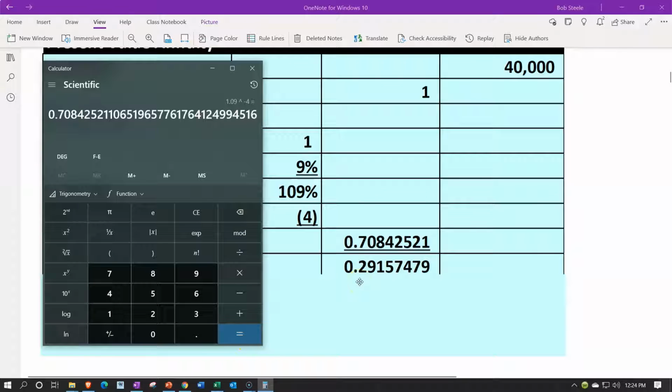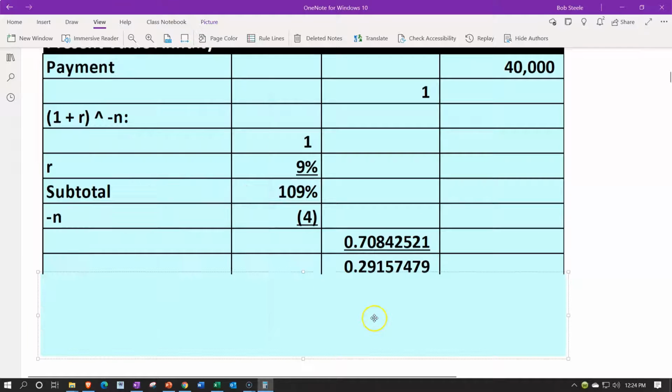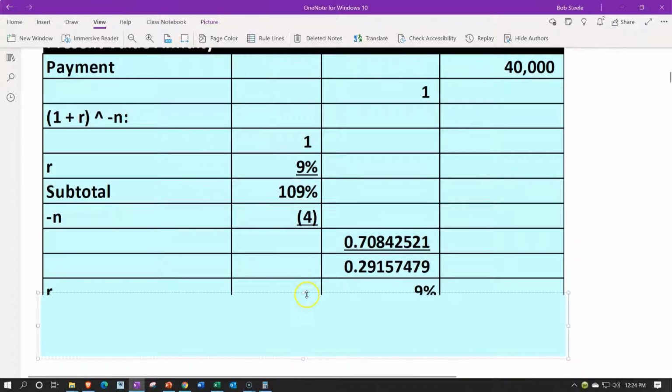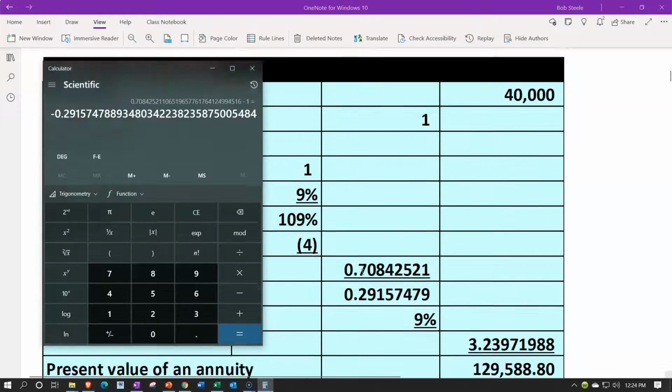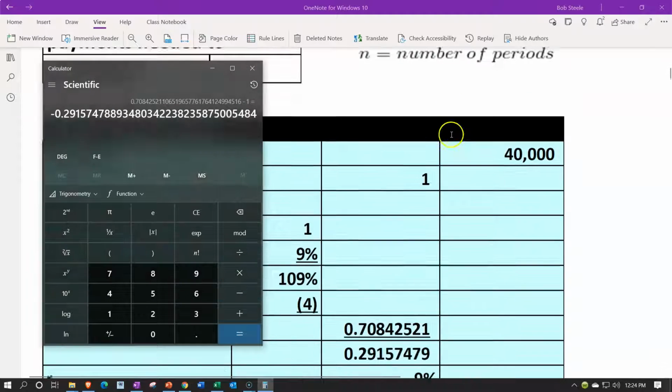So there's the 0.70842 and so on and so forth, subtracting then the 1. So minus 1, and that's going to give us then this 0.2915 and so on. And that's going to be the numerator. Then we bring in the denominator, which is going to be 9%.